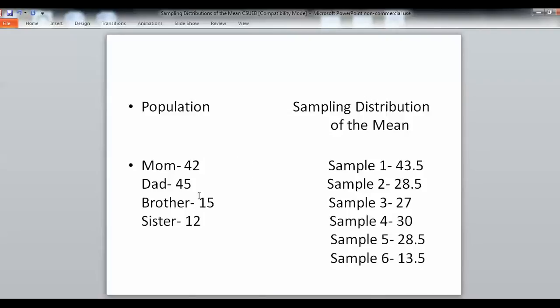Because since they're different sets of numbers, they're not necessarily going to have the same shape in a histogram. Different sets of numbers have different shapes.